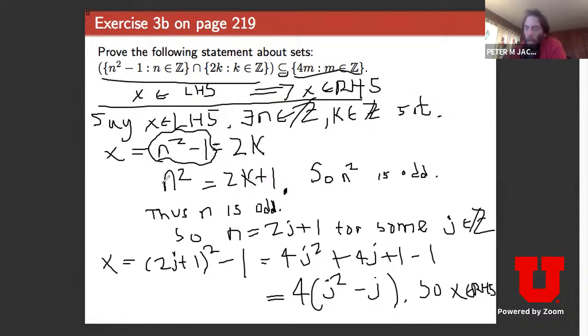And if we just take a step back and we go back to right here, when we started, all we knew when we started was that n squared minus 1 was equal to 2k. So if you're having trouble thinking about where to go next, one thing is to just try to write down things that we know and try to use things that we know.